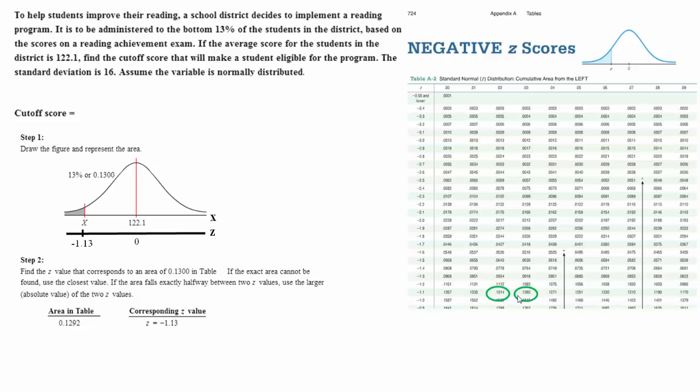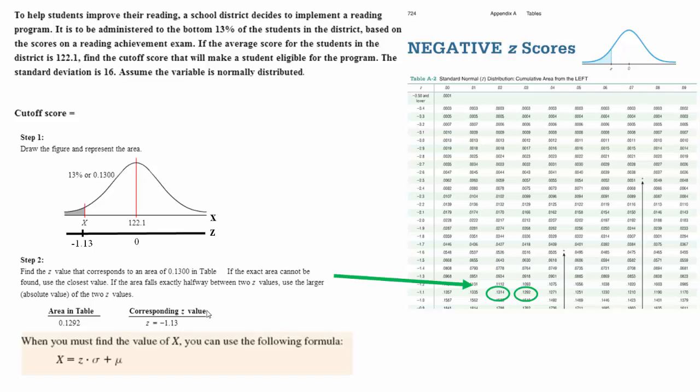Therefore, it is closer to this value, and because it's closer to this value, then we're going to claim a z value by reading to the left negative 1.1 and reading up 0.03 to get our z value of negative 1.13.